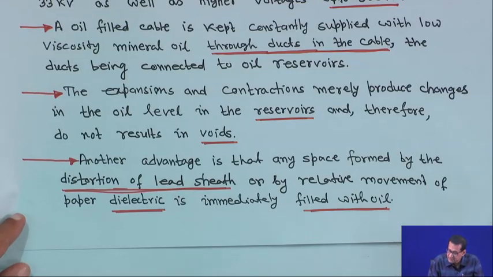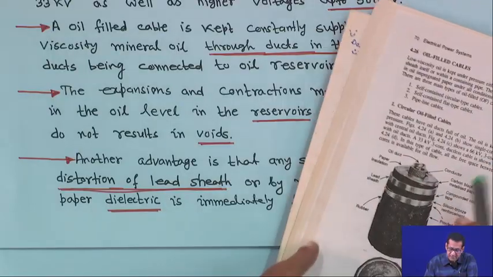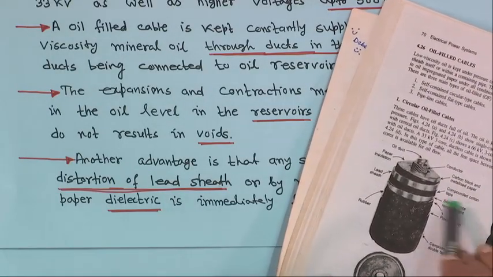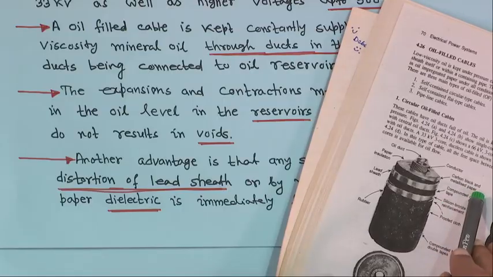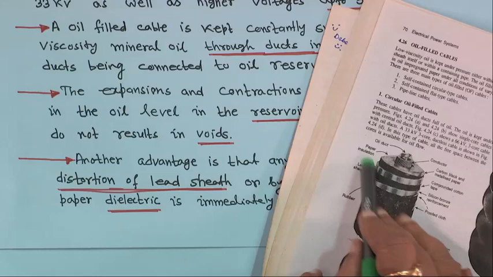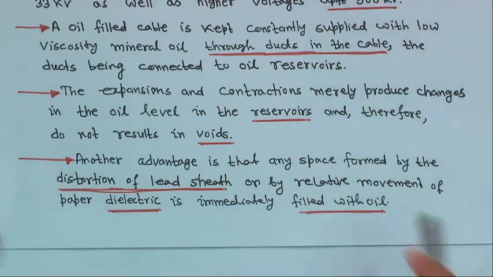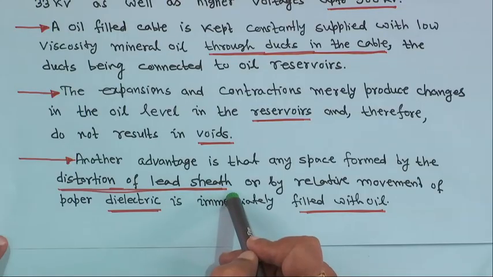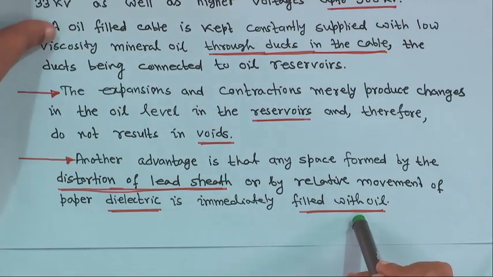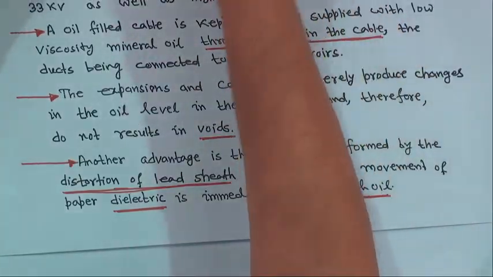Here the lead sheath is there, then compounded cotton tape is there, then carbon black and metallized paper is also there, it is visible, then paper insulation is there. So there is no chance of void formation, right.